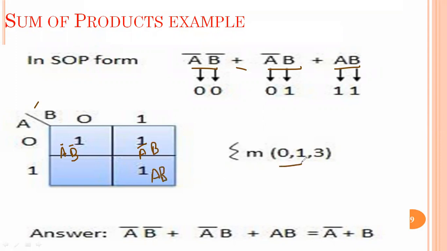Like 0, 1 and 3; 2 is not there. So the answer is A bar B bar plus A bar B plus AB equal to A bar plus B. See here we have reduced the three AND gates and two logical gates to a single OR gate. Clear?